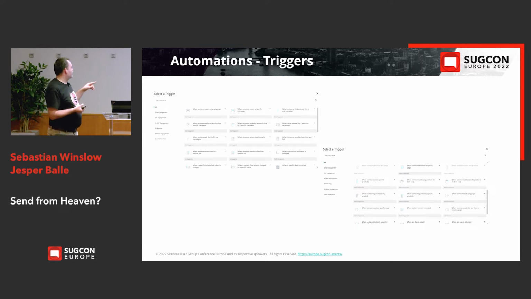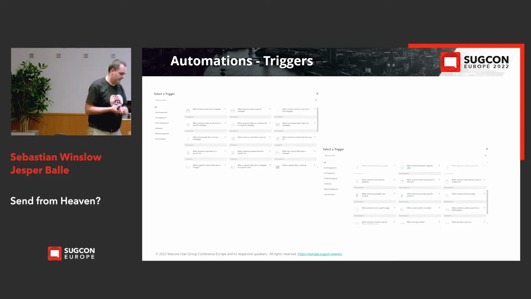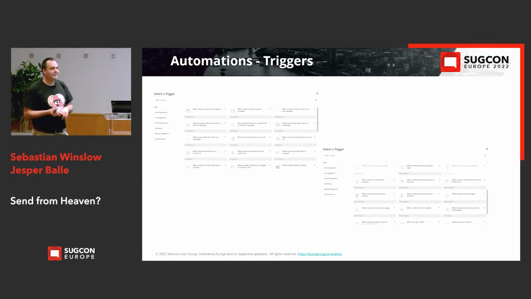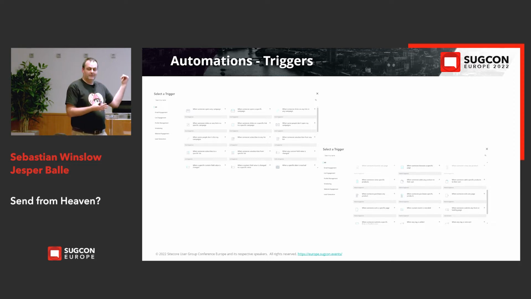And it's things like if a custom field changes value, if a recipient changes a value on a custom field, if a specific date has been reached, if a page has been looked at on the site, if a page has been abandoned or left, if someone subscribes to the list, if someone looks at a product, then put them into this automation flow.